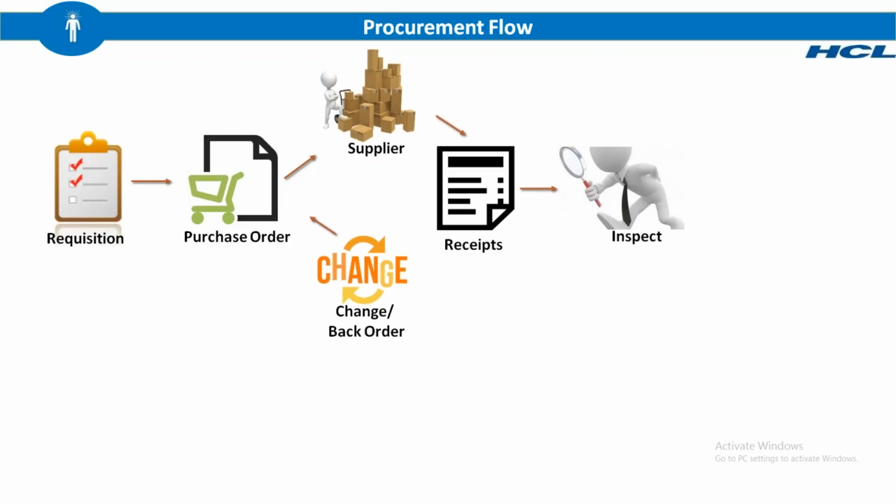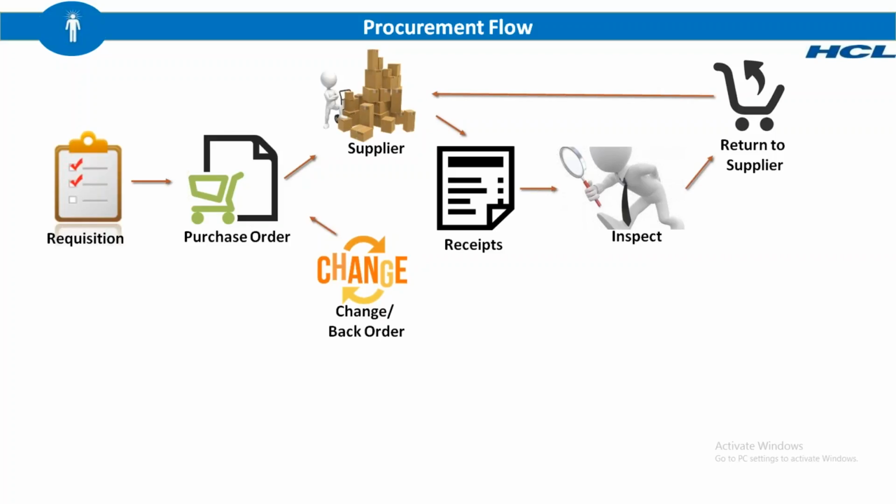Now I have received the goods. I have received all the laptops. Once I receive all the laptops, I'll inspect whether the delivered goods match the specific configuration I have given. I'll check everything and say, okay, everything is proper, and I'll do the inspection on those goods.